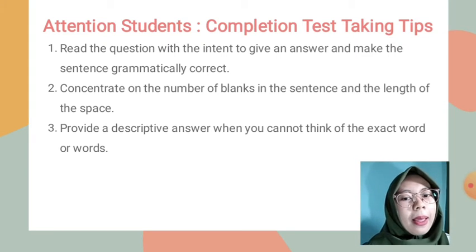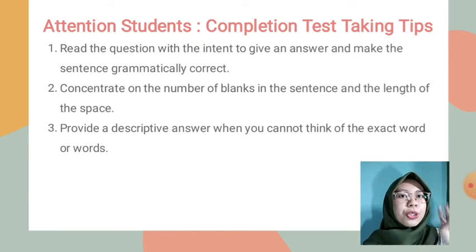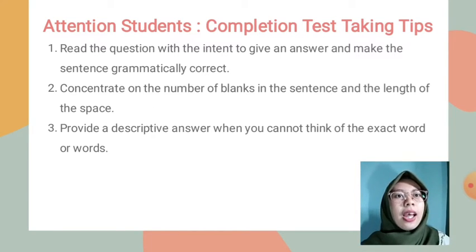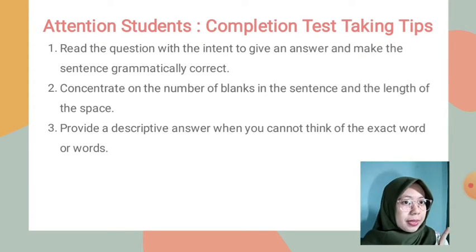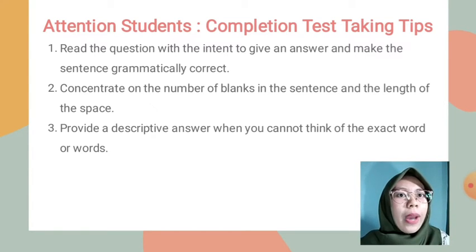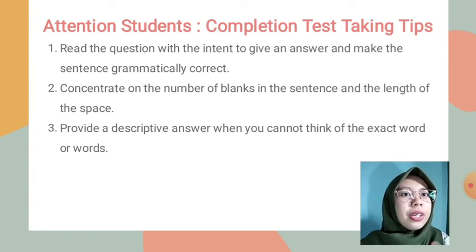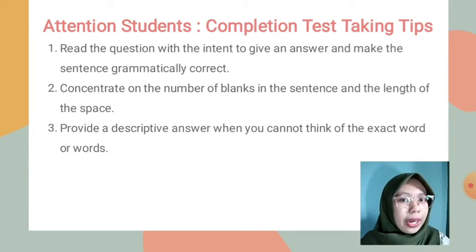Okay, there are 3 tips for students for completion test taking. So the first tip is read the question with the intent to give an answer and make the sentence grammatically correct.